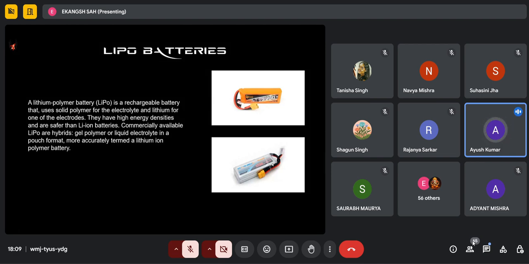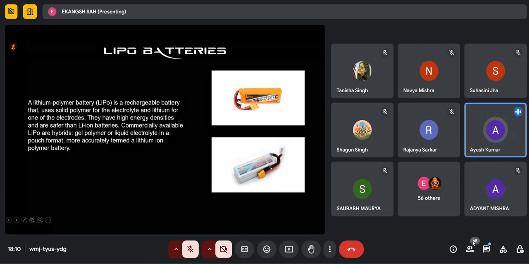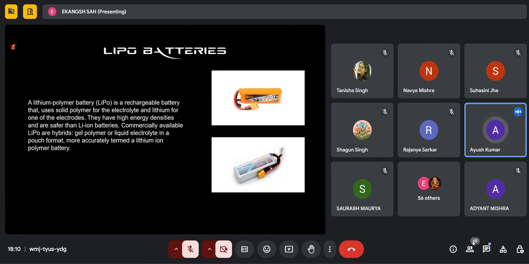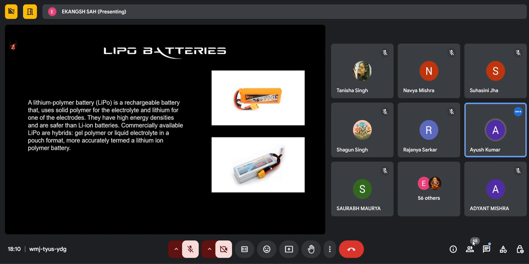So the three cells of 3.7 volt are connected in series together forming 11.1 volt. Then there is 2200 mAh written on the orange battery.